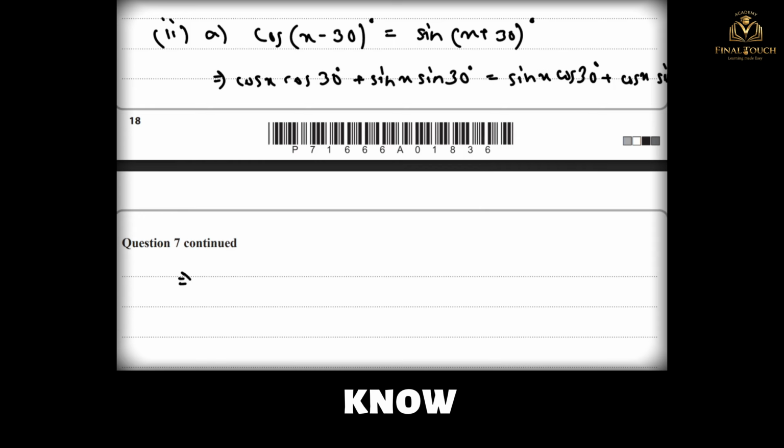So we know cos 30 can be written as root over 3 by 2 minus half cos x. This is for this whole part actually, cos x cos 30 plus sin x sin 30.